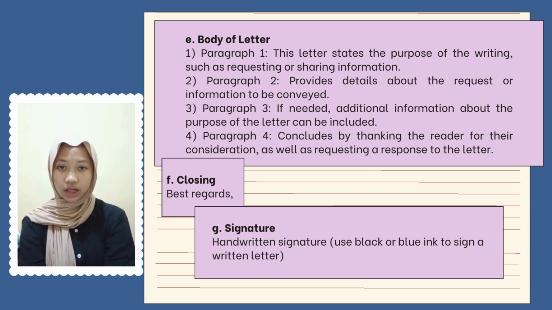This can be a product or service offering, a request for business cooperation, or information about a particular project. The writer also needs to explain clearly and pay attention to the clarity and relevance of the information conveyed.